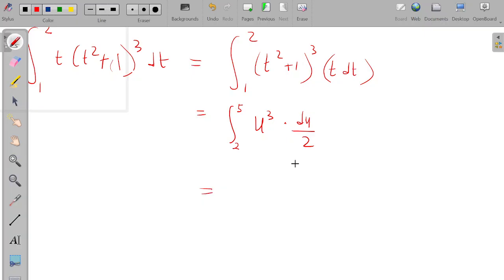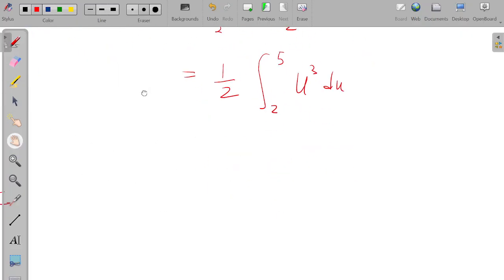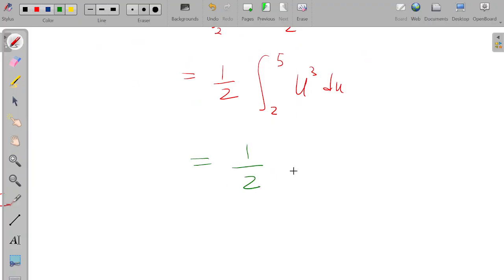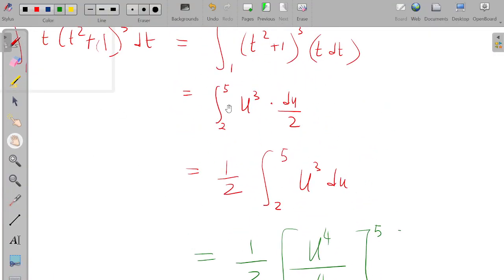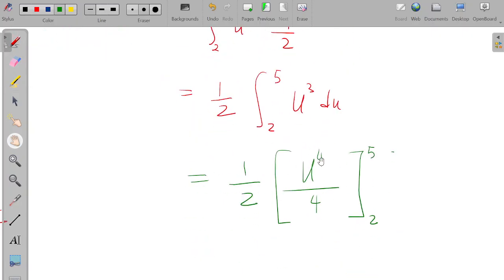Now it's fine. We can now write out the constant. Then this becomes the integral from 2 to 5 of u raised to the power 3 du. Then we integrate now. 1 over 2 integrate u raised to the power 4 over 4, then we evaluate with the limit 2, 5. So you see, because we changed the limit, there is no need to change u back to t here.